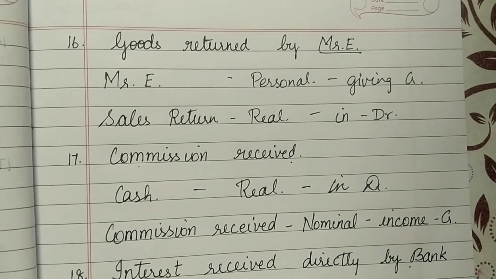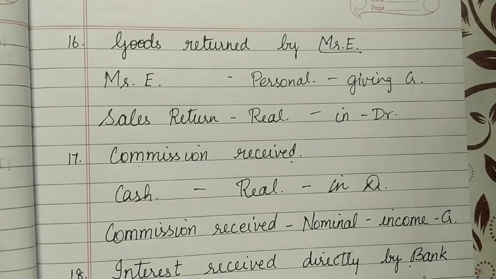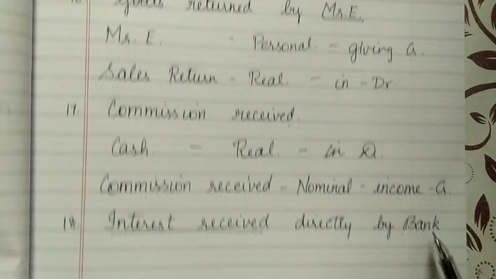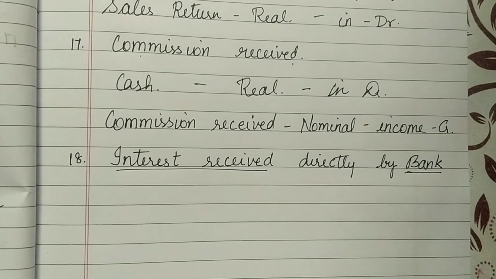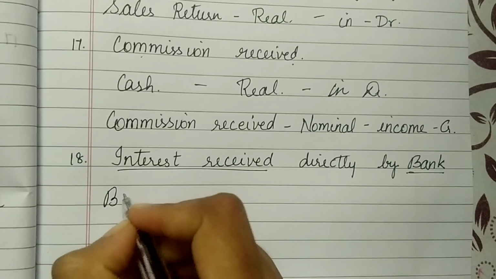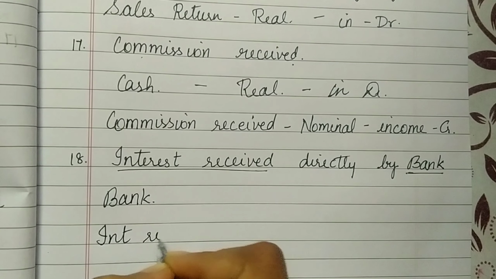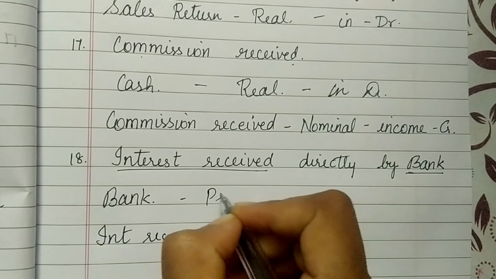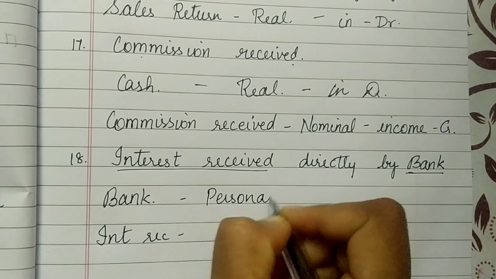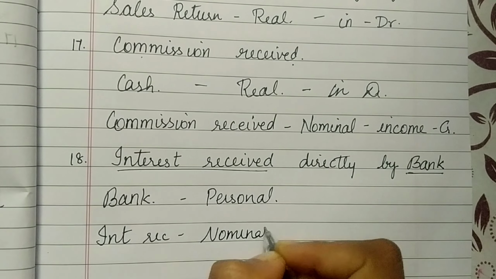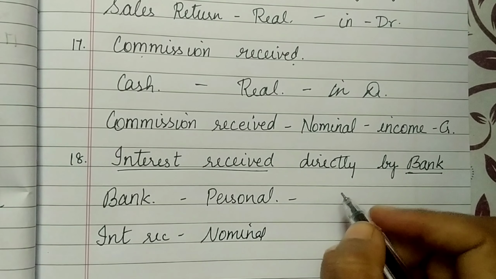So next journal entry, the transaction is interest received directly by the bank. One account is going to be interest received and the other is going to be bank. So let's write bank and interest received. Bank account refers to personal and interest received refers to nominal. According to the personal account rule, debit the receiver, credit the giver.